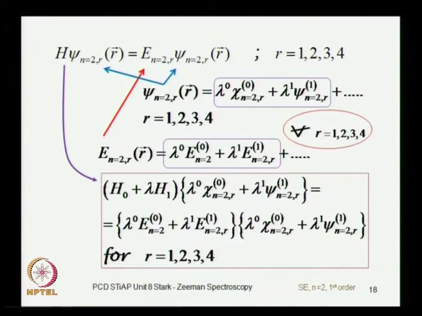So you can equate the terms for lambda equal to 0 on both sides of the equation to each other. Likewise, you can equate the terms in lambda equal to 1 on both sides to each other.